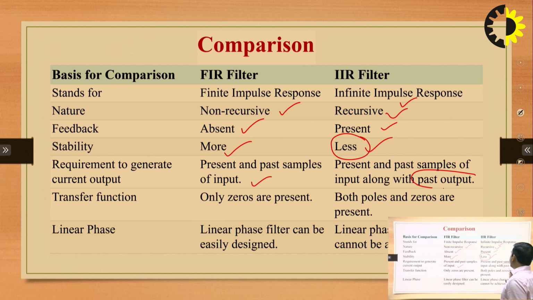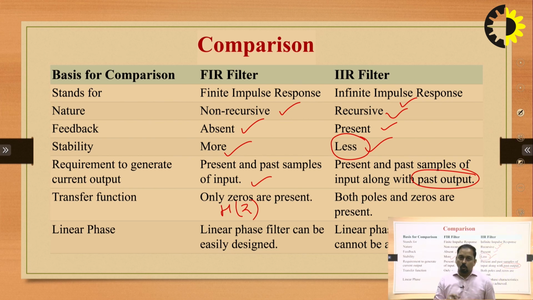This is the only difference. On the basis of the transfer function, FIR filters have only zeros present in the system function, whereas in case of IIR, we have both poles and zeros.